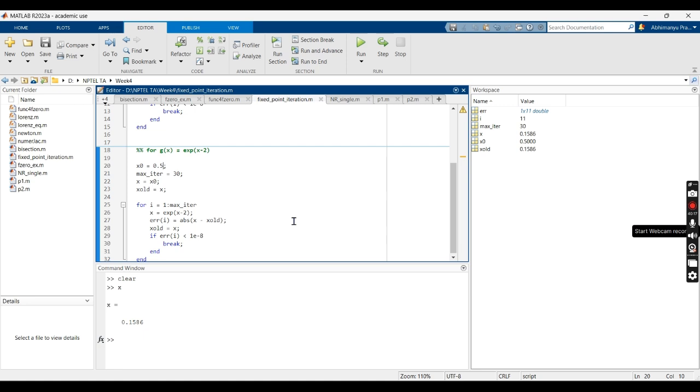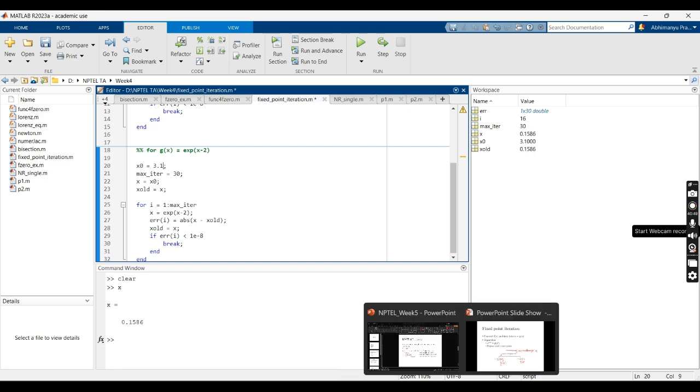So in this case, for whatever value of x I give, if I go to the other side, whatever value of x I give, the function converges to the first root, 0.1586, right?